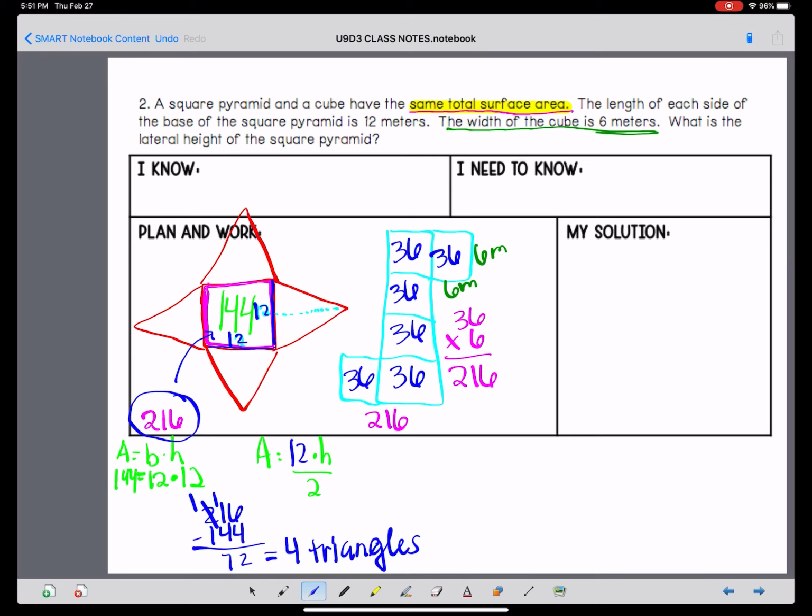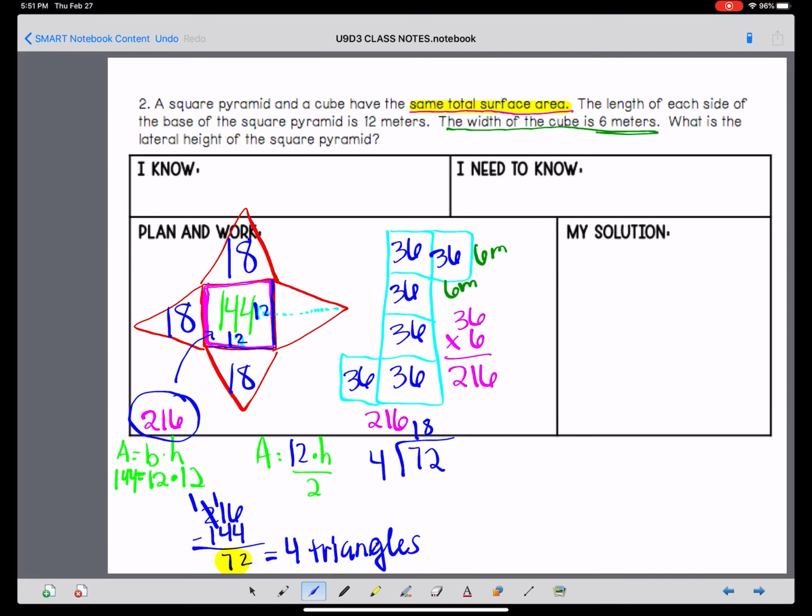Okay, now we just want to find the area of one triangle. So let's take our number 72 and divide it by 4 so we can find what the area of just one triangle is. I'm using my calculator and I got 18. So each one of these triangles is 18 in surface area.